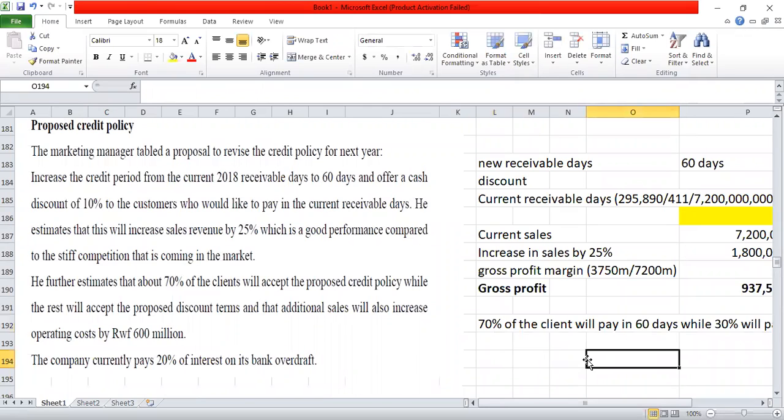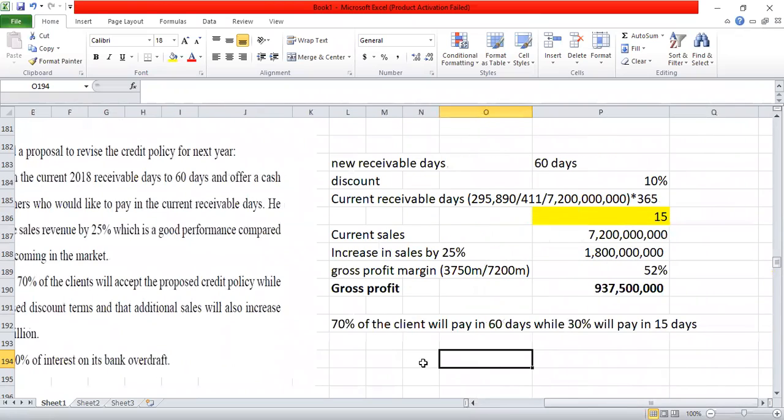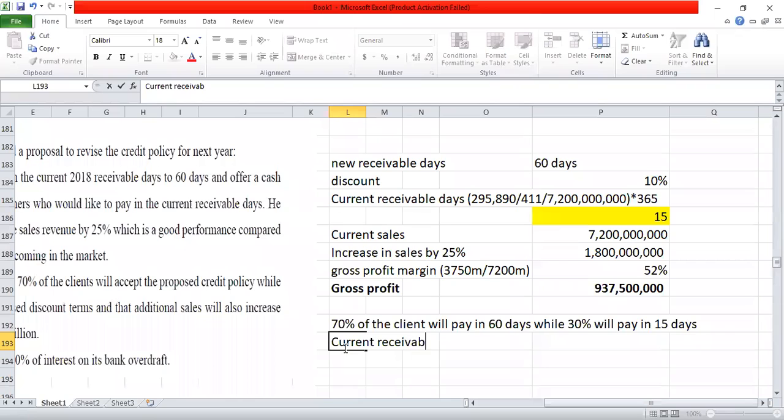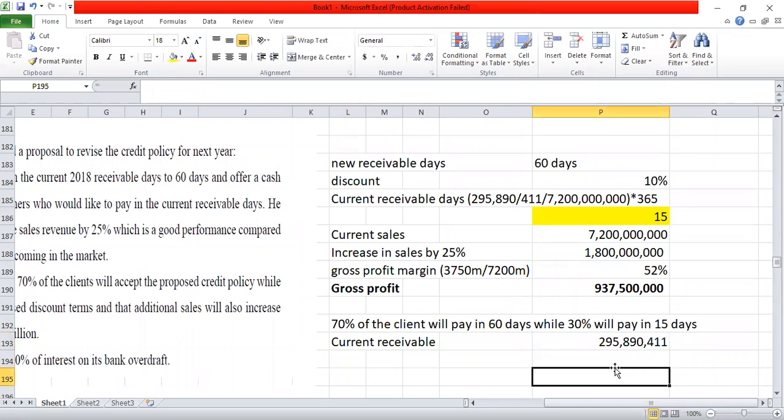So that is what we have now. We already have our current receivable for the current policy, which is 295,890,411. This is the current receivable. What is going to be the new receivable if you introduce the policy?